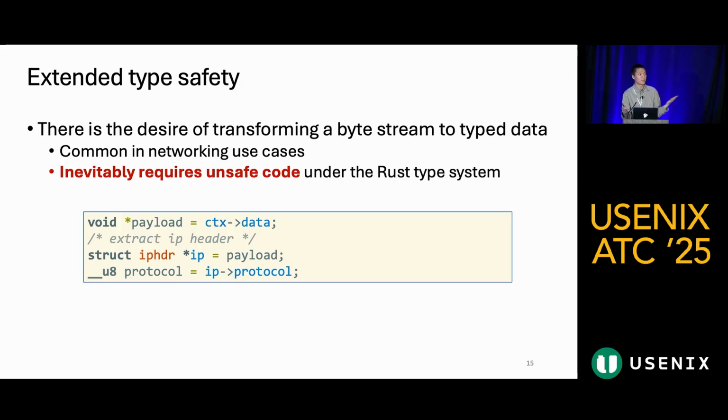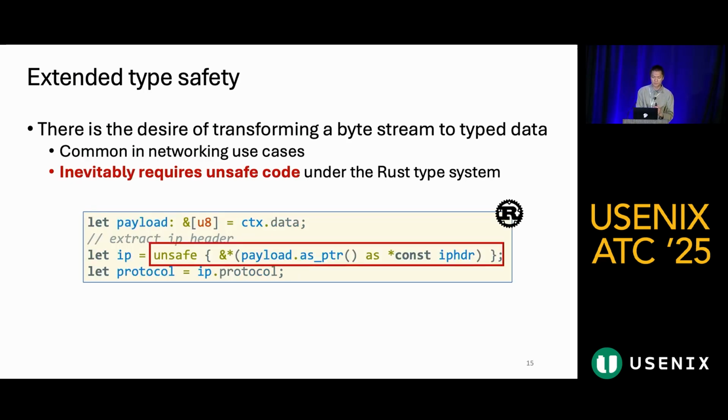In C or eBPF, as shown on the screen, we can just do the pointer cast, and that's it. But if we're using safe Rust, we first need to downgrade that payload, which is a safe Rust slice, into a raw pointer, perform the type cast at the raw pointer level, and finally do an unsafe dereference on that raw pointer. You can see that this really undermines the safety.